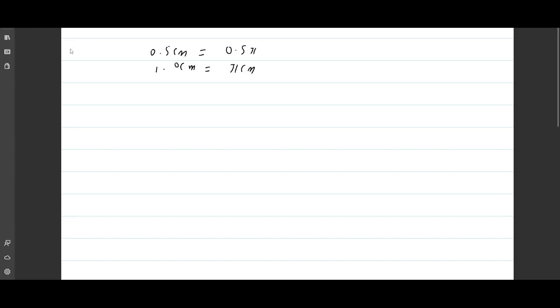The length of a semicircle of radius 1.5 centimeters is 1.5 into pi centimeter.